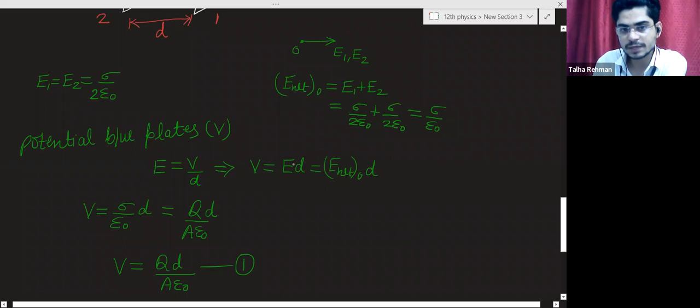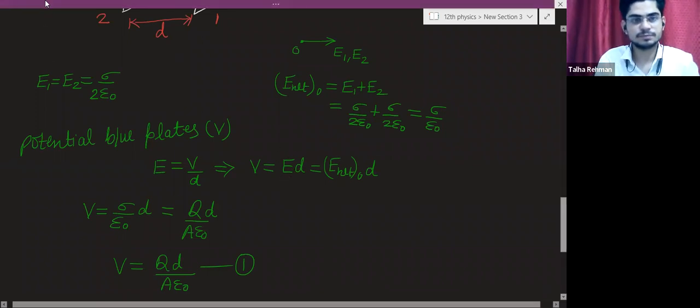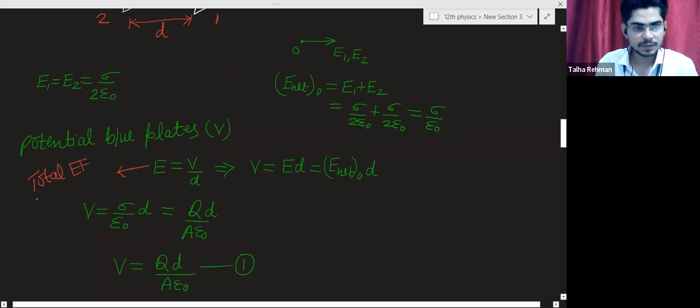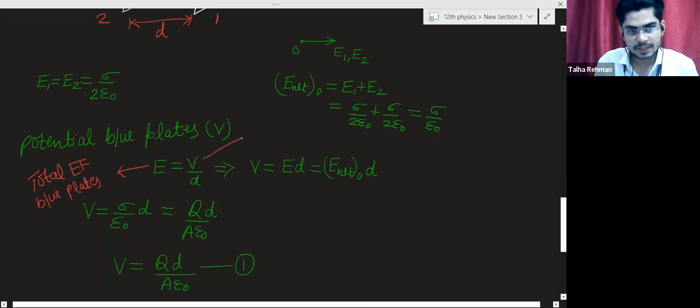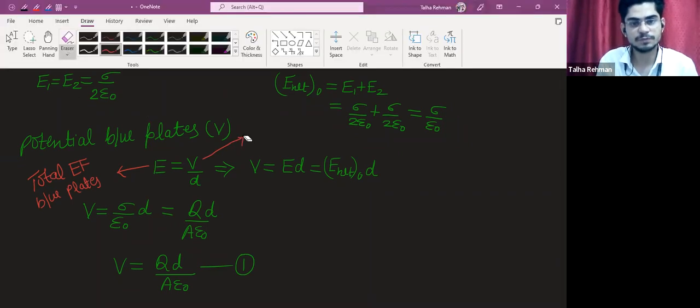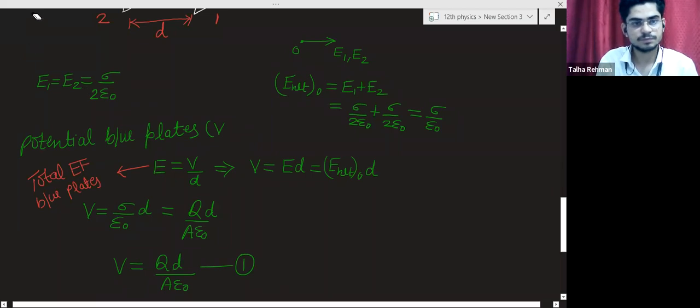Here E is the total electric field between plates, and this is the potential between plates, as I've already represented, so no need of representation.